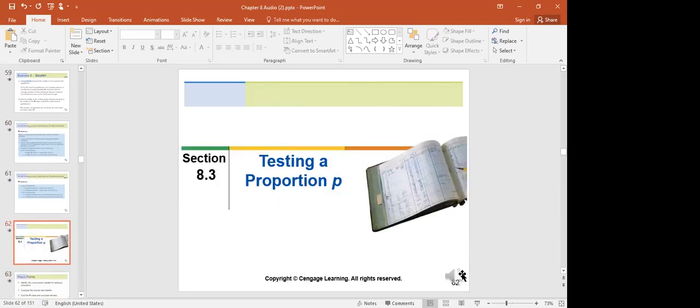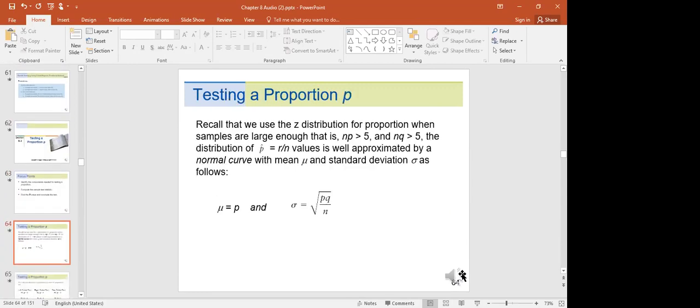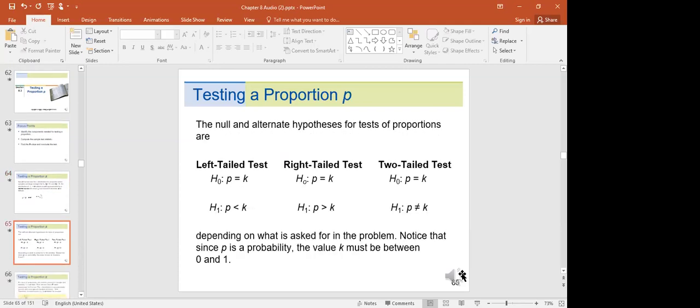Test for proportion. In testing for proportion, we use the Z distribution if the number of successes is greater than 5 and the number of failures is greater than 5. So the tests are similar to what we had before.